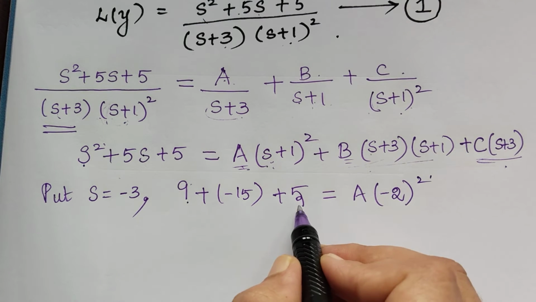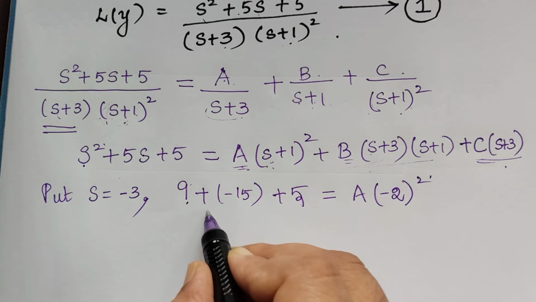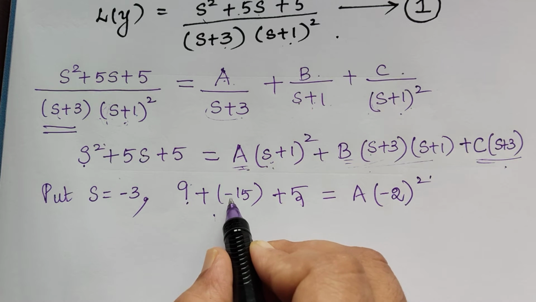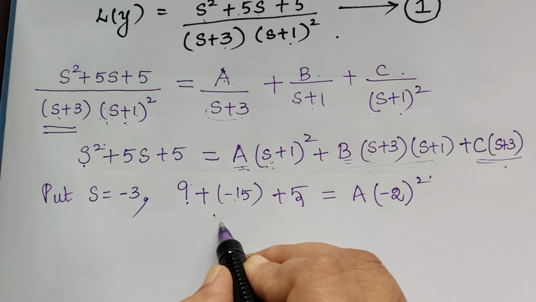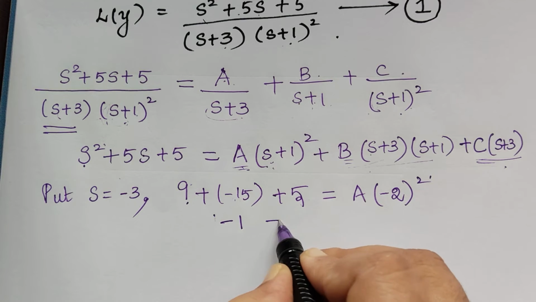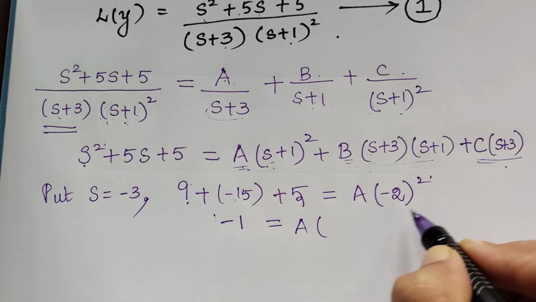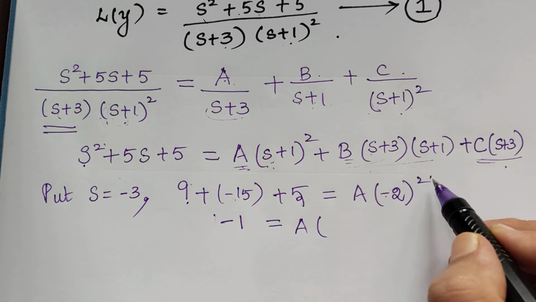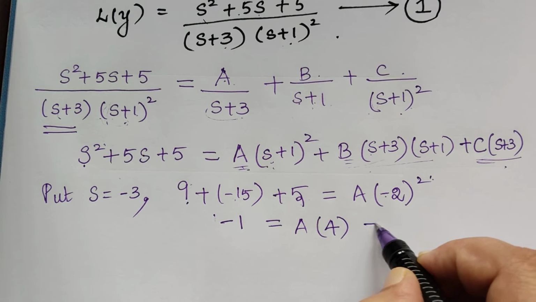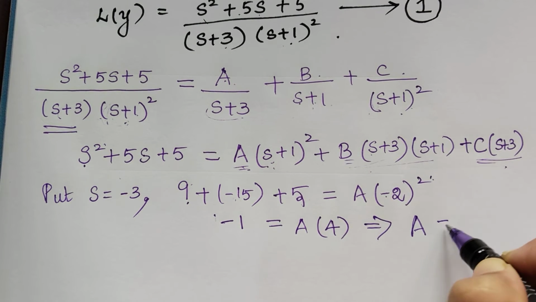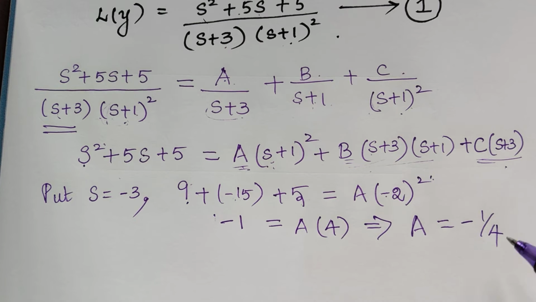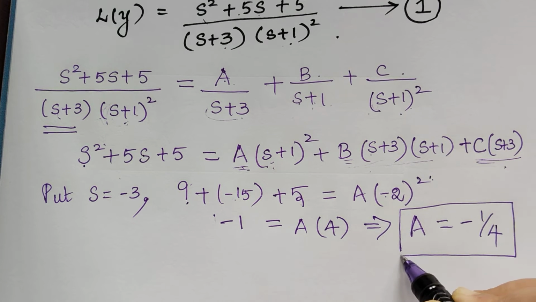So what is 9 plus 5? It is 14. So 14 minus 15 will be minus 1, and that will be equal to a multiplied with minus 2 squared, which is 4. So from this we get the value of a to be equal to negative 1 by 4. So we have obtained the value of a.